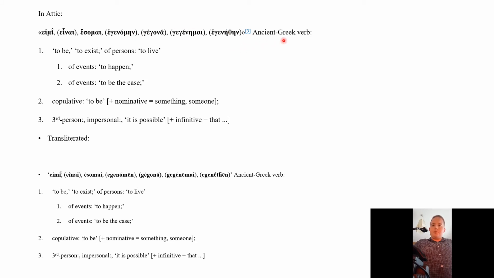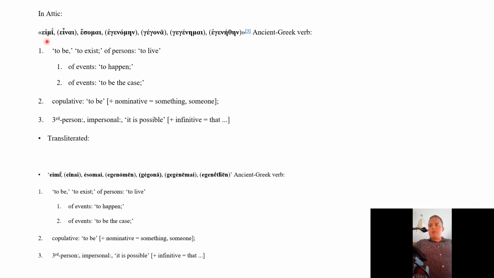So this is an ancient Greek verb, and it means to be, to exist, or of persons to live, of events to happen, of events to be the case, copulative. And I think copula is a Latin word, and it means a couple or a coupling.